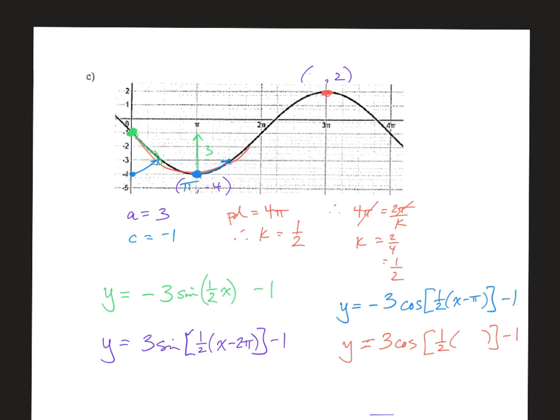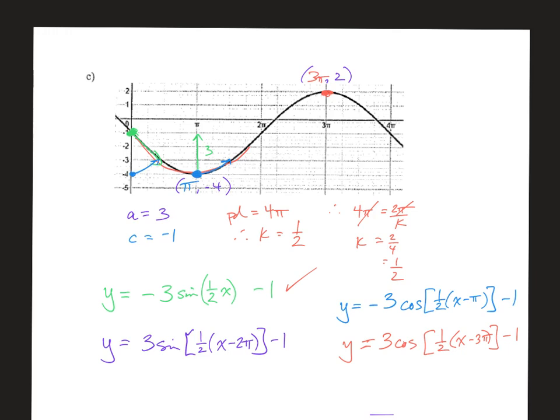Well, what's the x value at that? 3 pi. And so if I shifted it to the right 3 pi, I would get there. Those would be the four equations that I would expect to see. Hopefully you gave me the green and then one of the other ones. If you did, I think we're doing great.